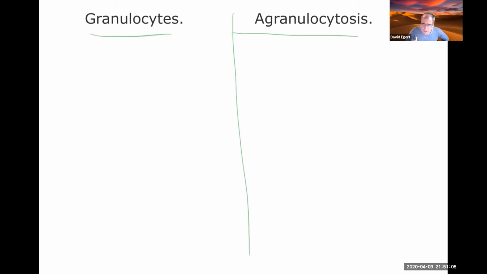So let's start with the agranulocytes. This is going to include our lymphocytes. Lymphocytes are part of specific immunity.